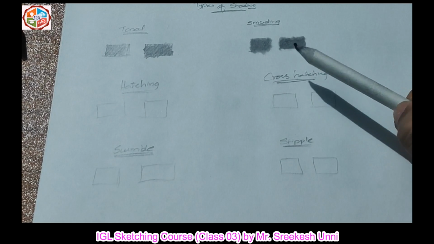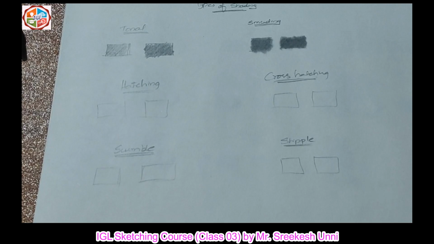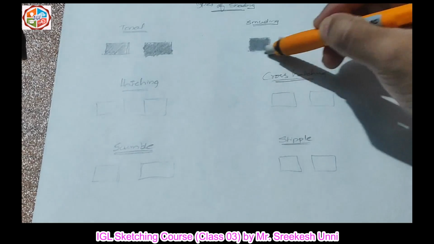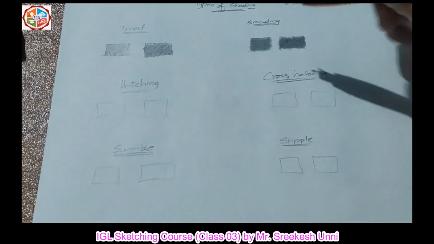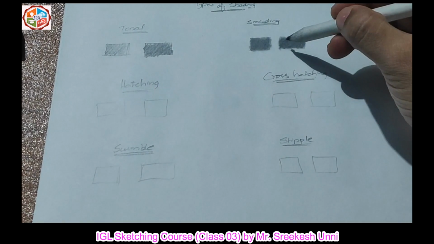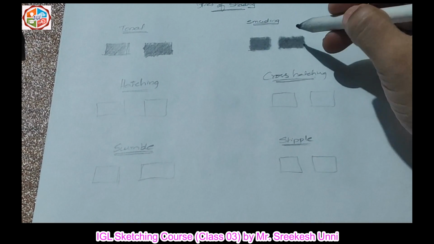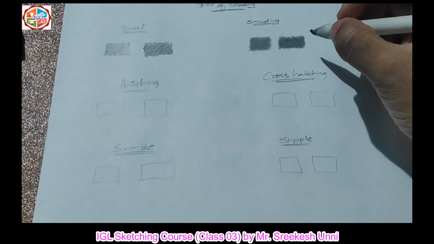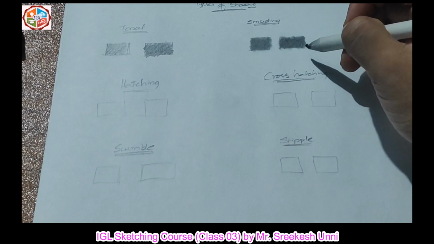You need to be very careful when using smudging because you are likely to spoil the drawing if you don't concentrate. This is a very wonderful technique which I personally like very much, because it creates a completely smoother shading and it looks better.